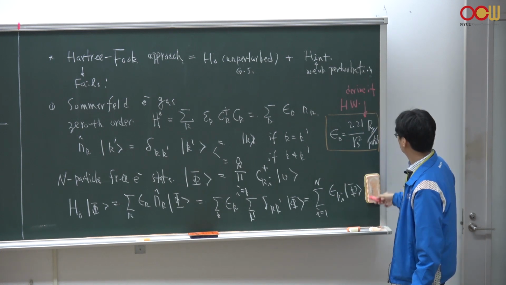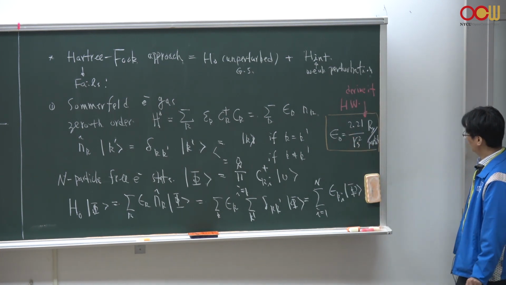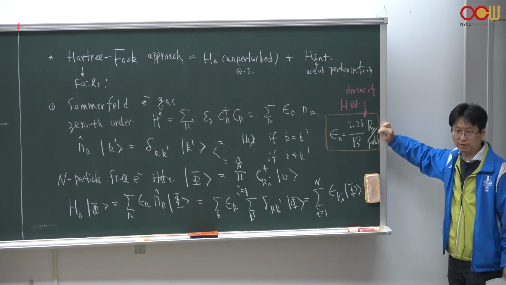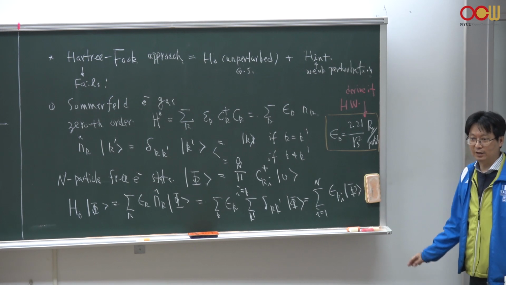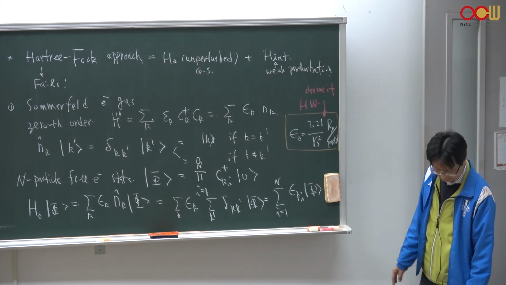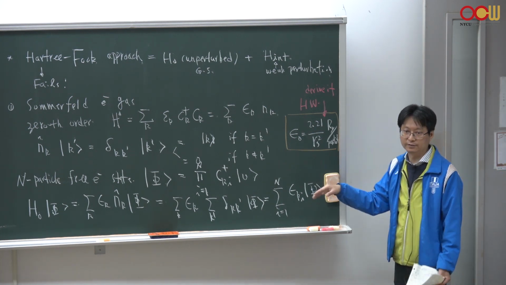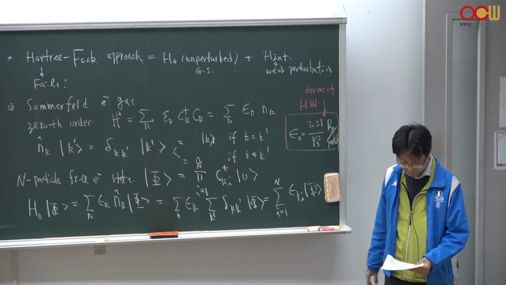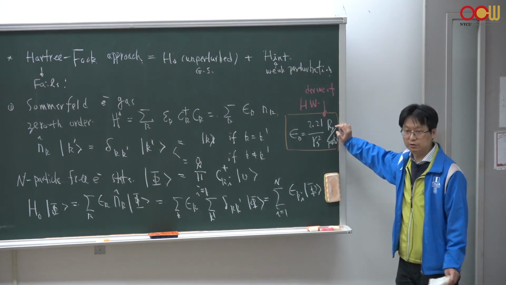Derive this number, 2.21 divided by r_s squared times the Rydberg constant per particle. This number should appear in all the textbook references that I listed. So you can find this pretty easily, and this is just a review. But this is just the unperturbed eigenenergy, the total energy.